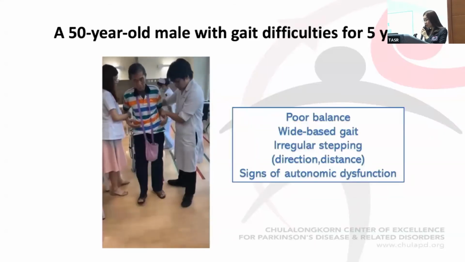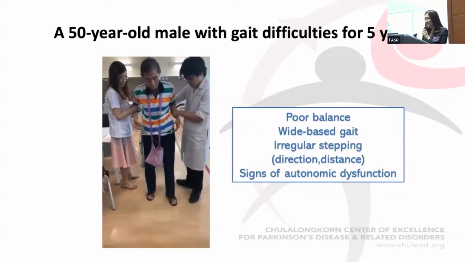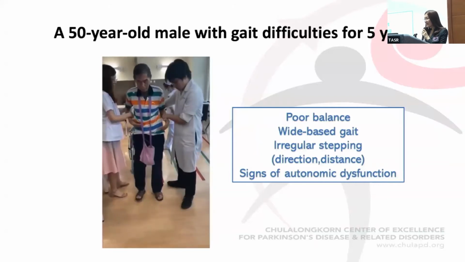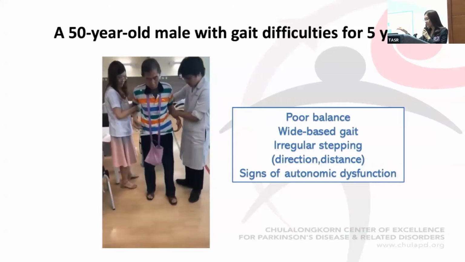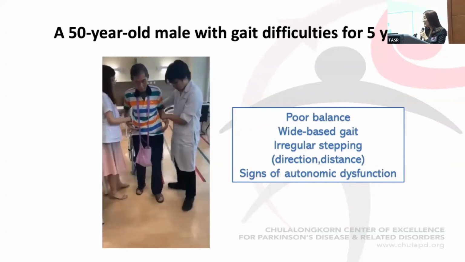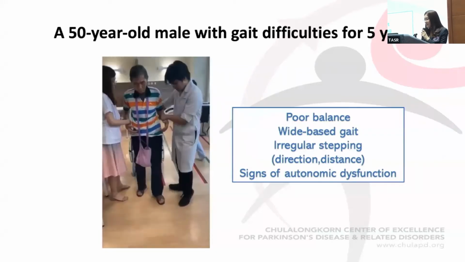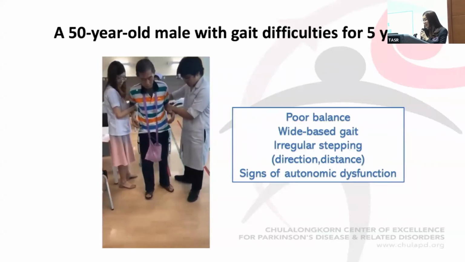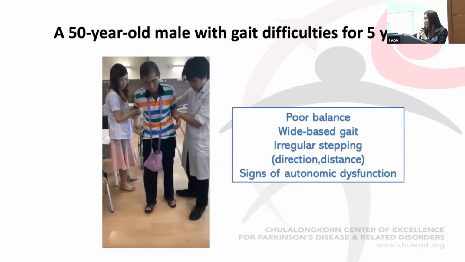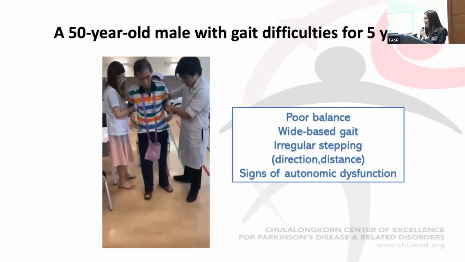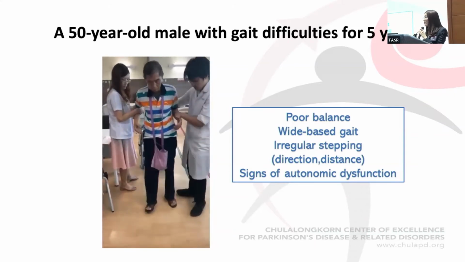So you notice that this patient has poor balance, and what you notice is that he has wide-based gait. Also, the stepping, you see that the direction and the distance is very irregular compared to when normal people walk.